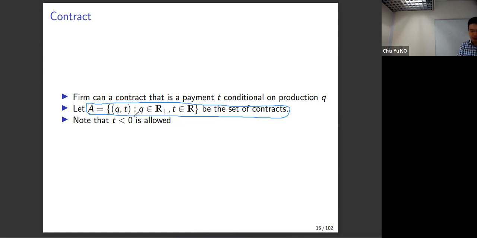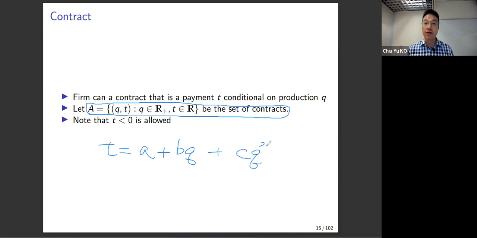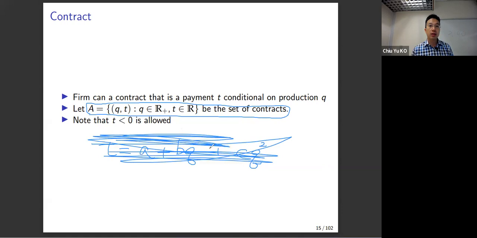Sometimes, not in this talk, I can only allow the contract to be linear, say A plus BQ as T, or I only allow certain other contracts, and so on. But in this simple model, I can allow a very flexible contract, because there are only two types. That means I only need two contracts, so I don't need much restriction.